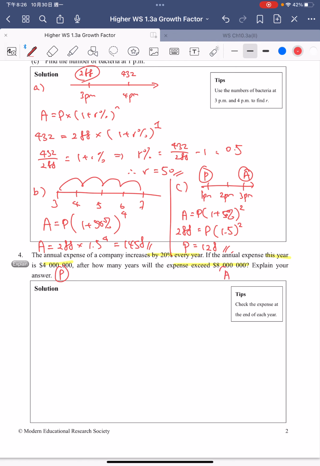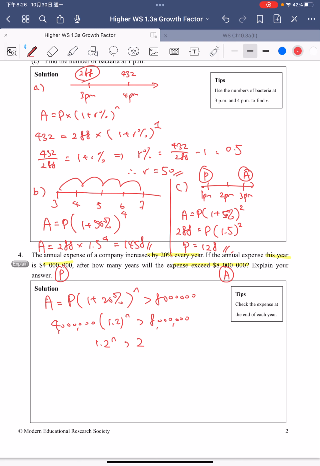So that's our amount. The amount is equal to P times 1 plus R%, which is 20%. We don't know the years, so we keep an n. We want the amount to be greater than 8 million, and P is 4 million. So 4 million times 1.2 to the power of n is greater than 8 million, isn't it? So now we have 1.2 to the power of n is greater than 2.